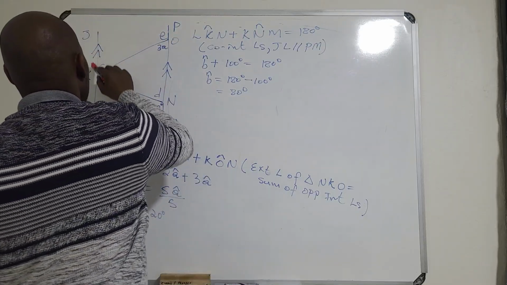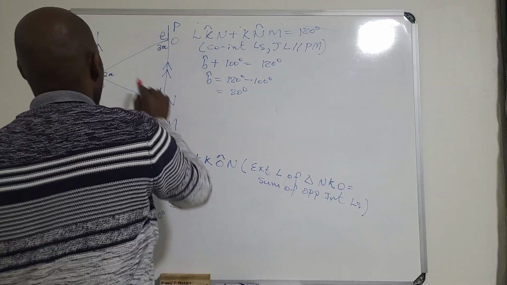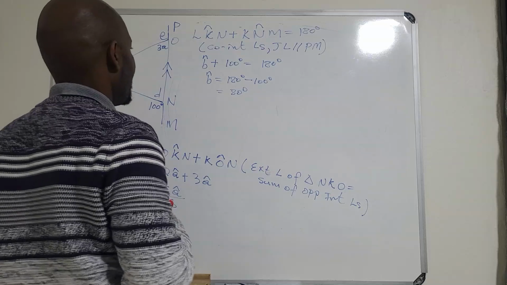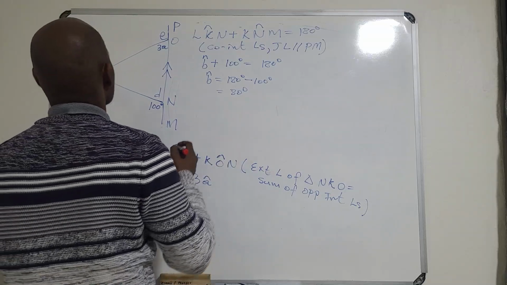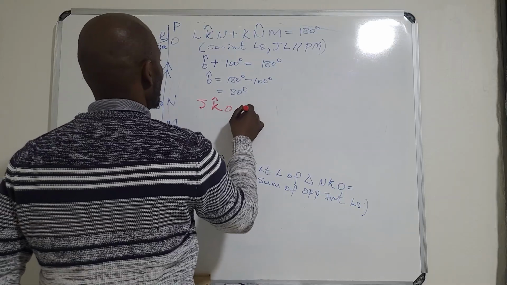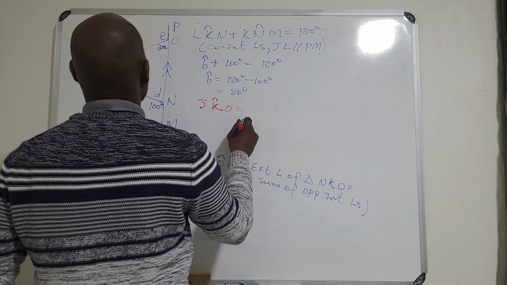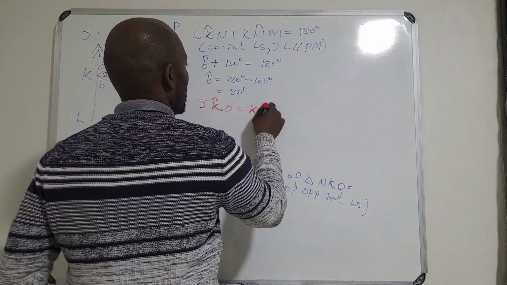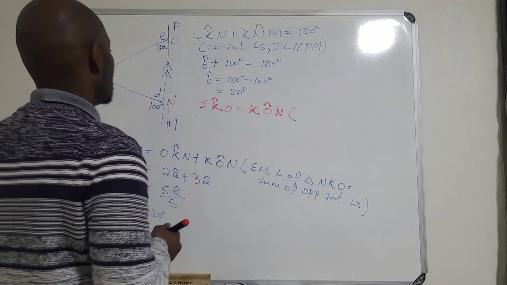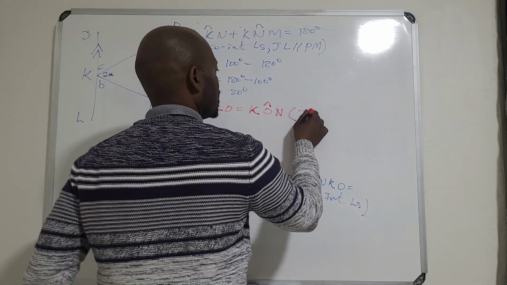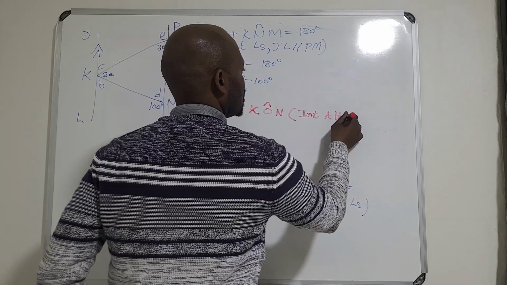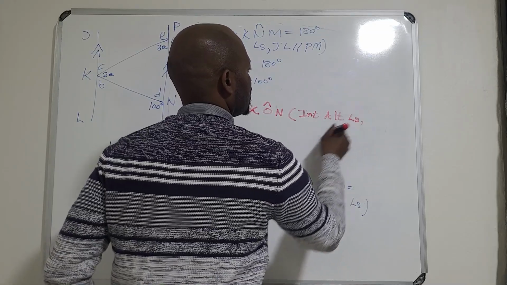Therefore, we can use our N where we have this angle, which is equals to that angle there. We use it. Angle JKO is equals to angle KON. Reason, alternate interior angles.